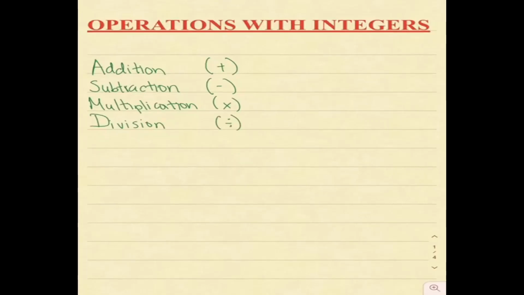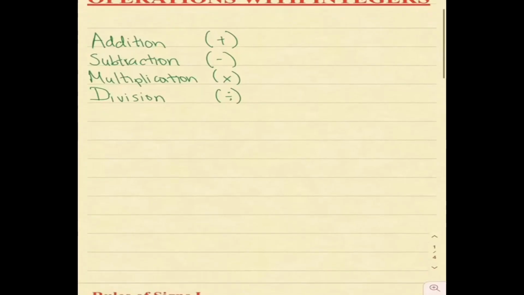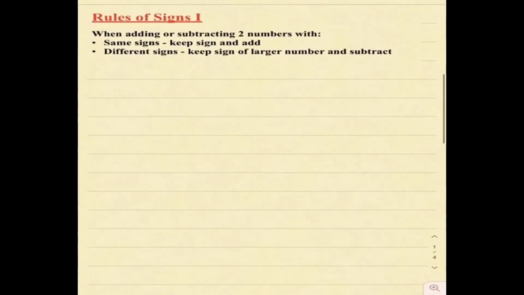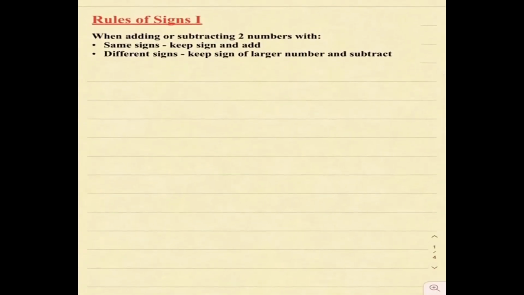So in this video, I'm going to show you guys how to add, subtract, multiply, and divide numbers with same signs and different signs. So I have the rules right here. When we add or subtract two numbers with same signs, we keep that sign and we add. When we add or subtract two numbers with different signs, we keep the sign of the larger number and then we subtract. Let me do some examples.